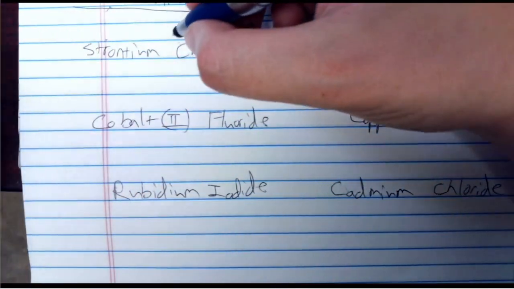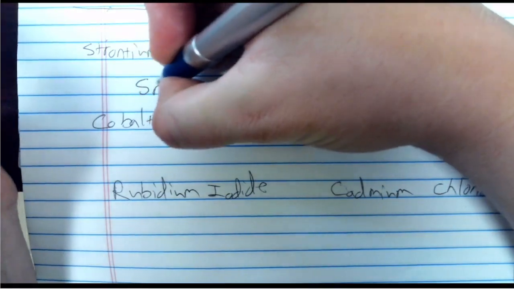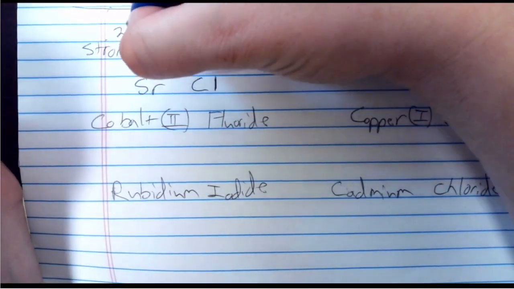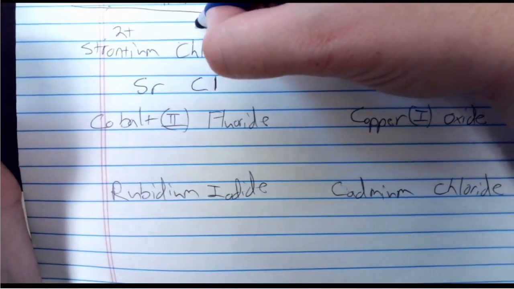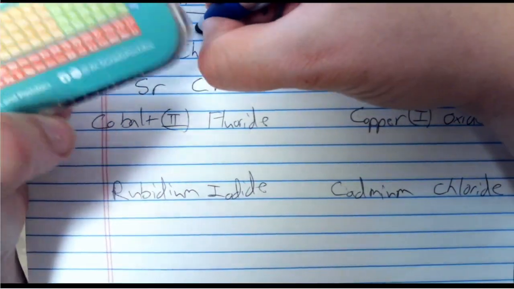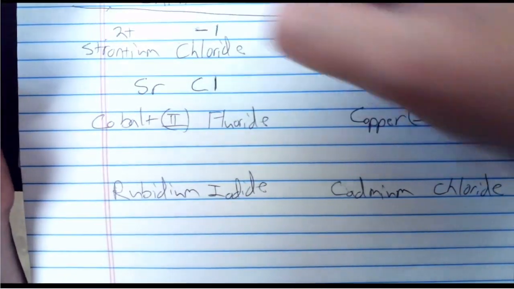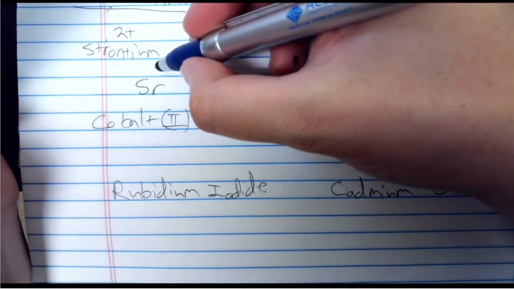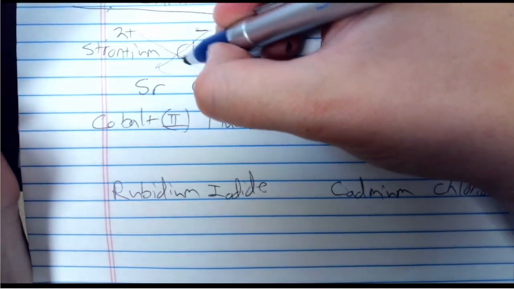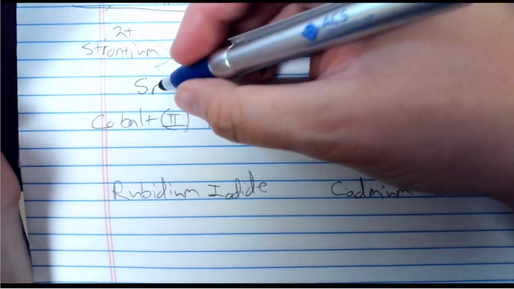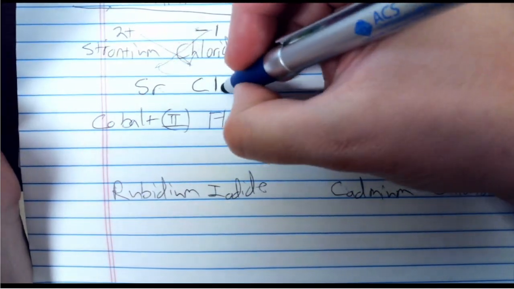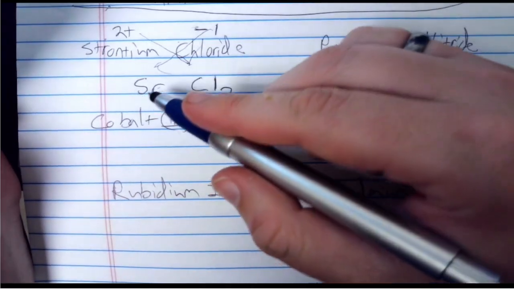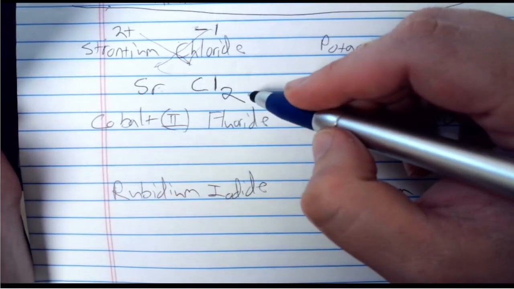So first thing I need is the charge of each guy. Group 2 means that's 2 plus. Group 7 means we move 1 to the right, so it's -1. I'm going to cross these down and simplify. So SrCl2 is our structure.